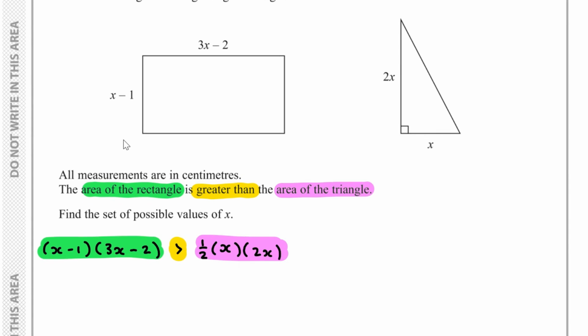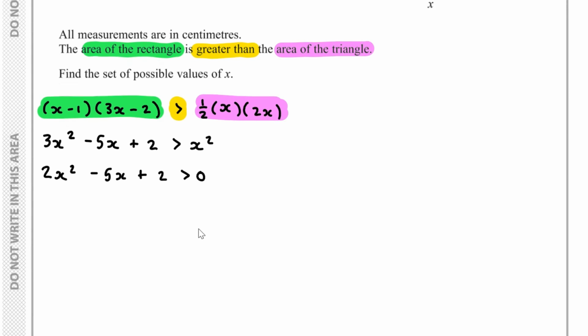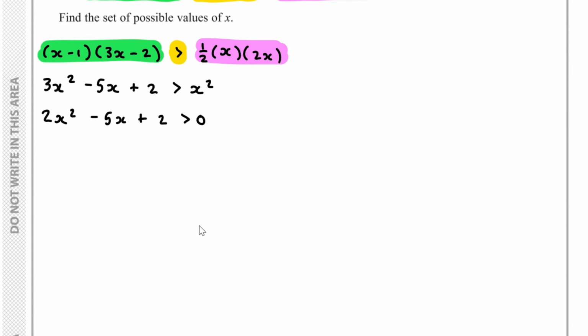So now if we tidy all this up, on the left hand side we've got 3x squared minus 5x plus 2, and on the right hand side, well, the half and the 2 cancel, so we're left with x squared, and if we simplify this we get 2x squared minus 5x plus 2 being greater than 0. Now we need to solve this.